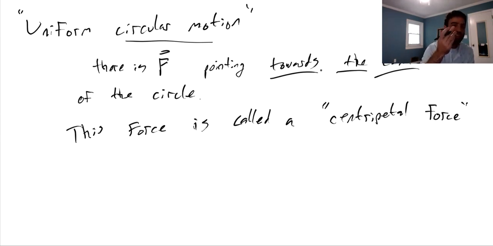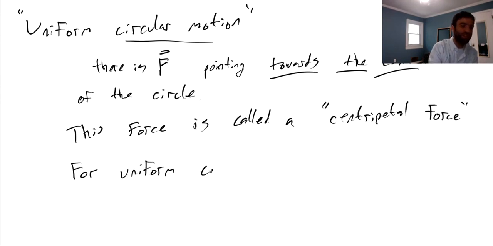You might ask, so we've got this idea of a centripetal force, and we know the direction that it's pointing towards if we have uniform circular motion. What about its magnitude? Well, for uniform circular motion, the direction of the centripetal force is towards the center.